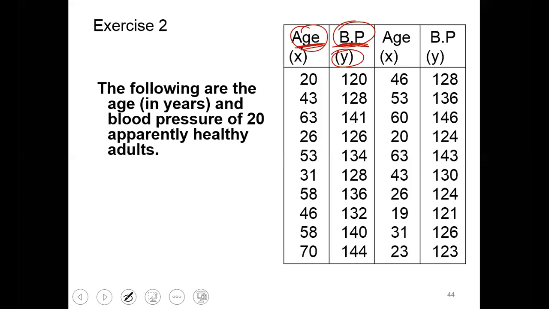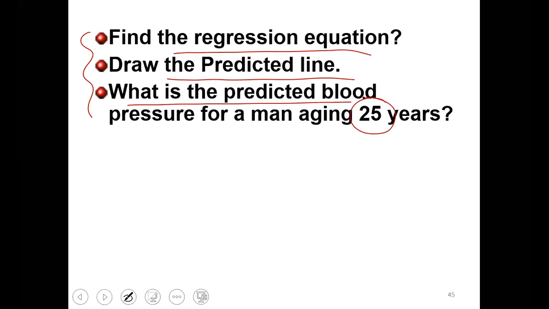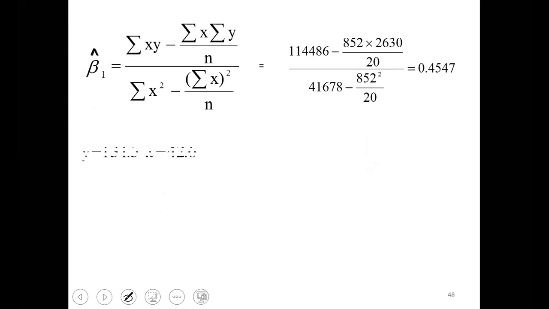So these are the values: different X values, ages, about 20 data, then the respective blood pressures. You can do it as homework. There are 3 questions. Find the regression equation. Draw the predicted line. And the third one, predict the value of the blood pressure at the age of 25 years. You can answer that. I'm not going to do that.